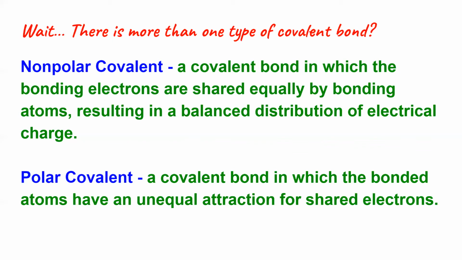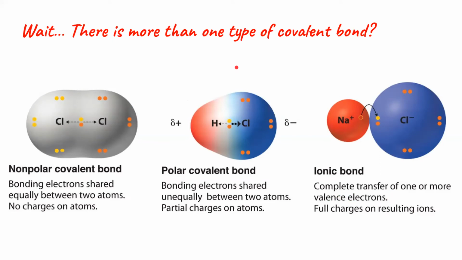A polar bond, as you can read, it says a covalent bond in which the bonding atoms have an unequal attraction for shared electrons. That means one atom is pulling on those electrons harder than the other. So if you look at the picture on this page, it says on the left, we have an equal sharing. So 2 chlorine atoms are sharing electrons equally. They have the exact same electronegativity values, so they're pulling on those electrons perfectly equal to each other.